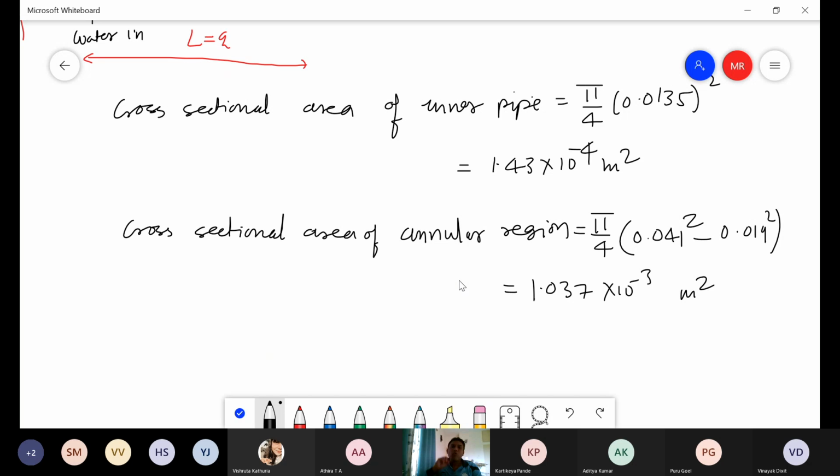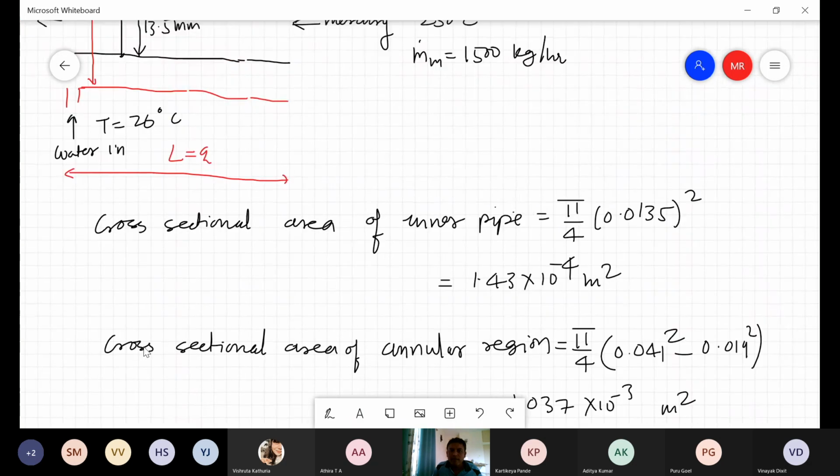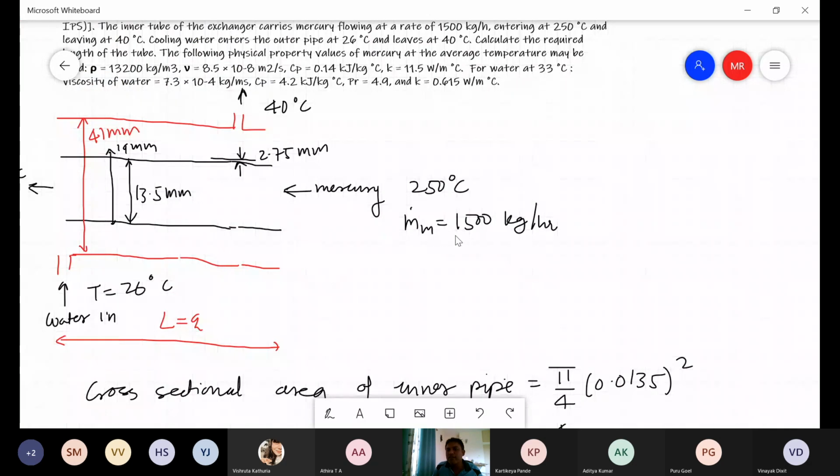Okay, now why have we calculated the area? That is the question you might be having, isn't it? We have calculated the area because we wanted to calculate the Reynolds number. Now we have been given the flow rate, mass flow rate we have to calculate. What has been given is m, which is 1500 kg per hour.